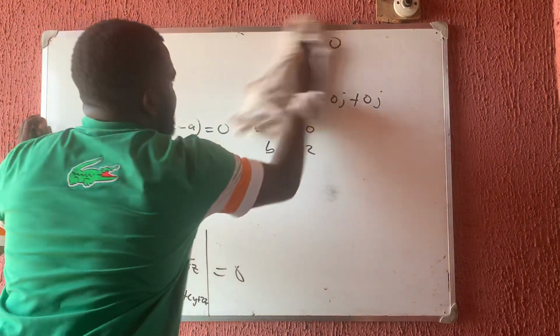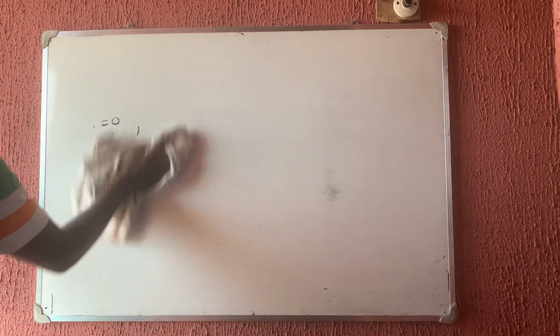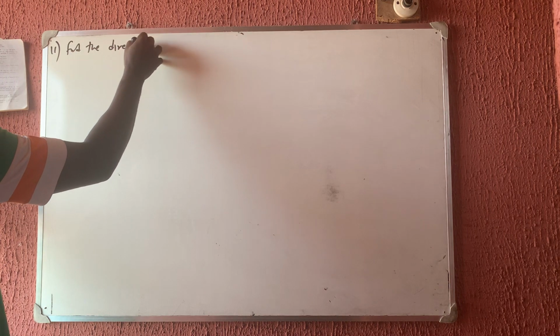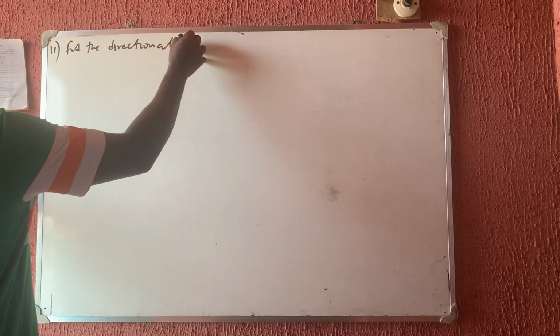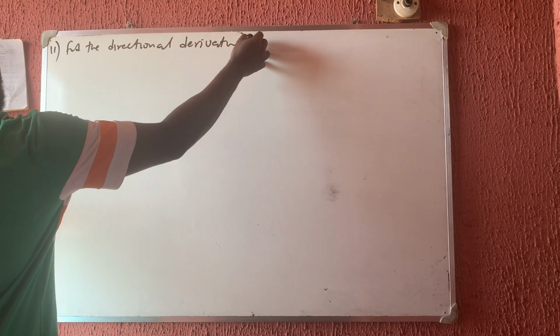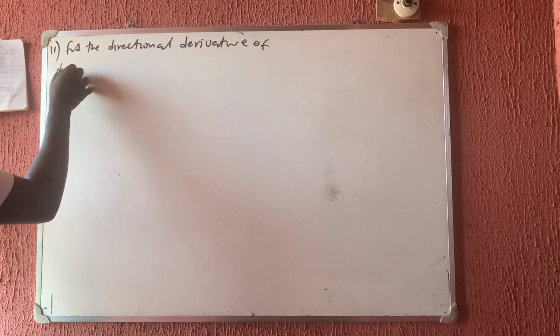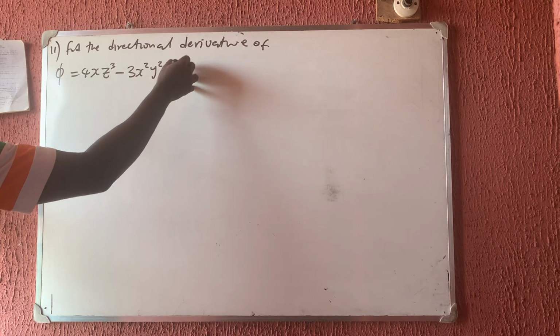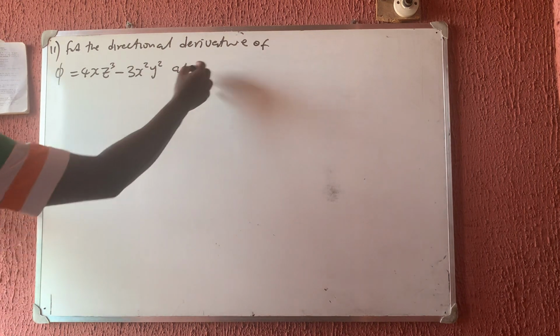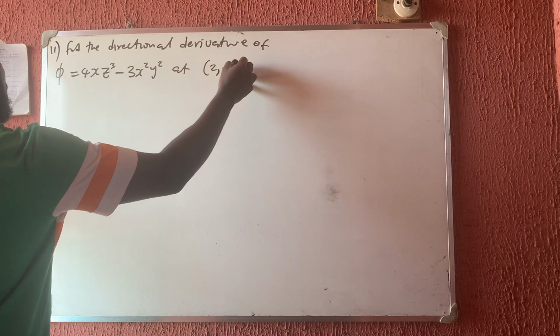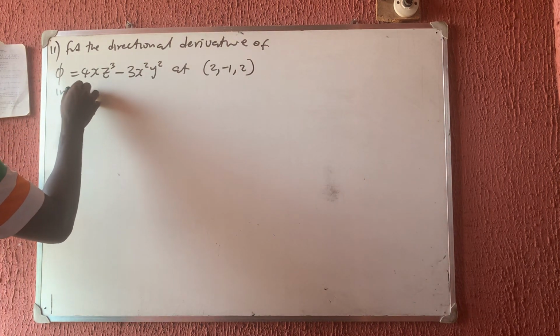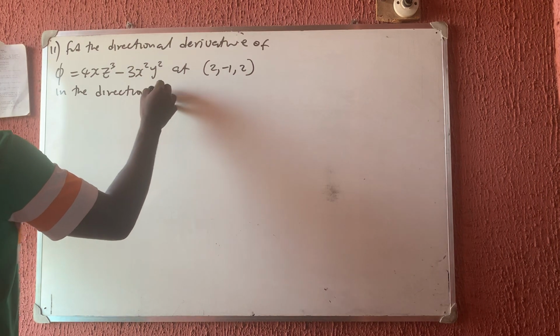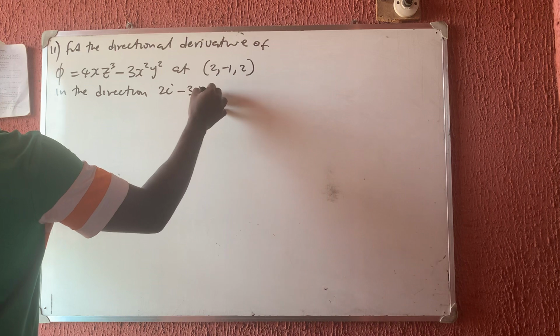Question number 11. We said find the directional derivative of phi, which is equal to 4xz cubed minus 3x squared y squared, at 2, comma, minus 1, comma, 2, in the direction 2i minus 3j plus 6k.